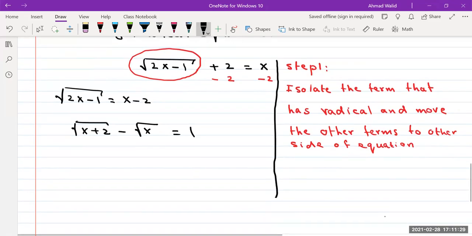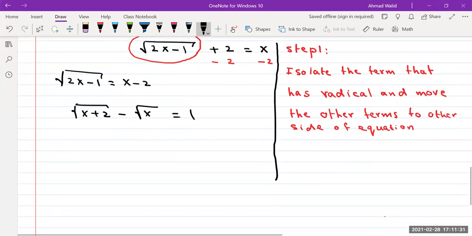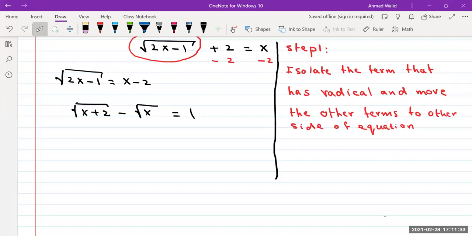If you deal with such a problem, your step 1 is to keep one of the radicals on one side and move the other radical to the other side. You should do it definitely this way. Correct?